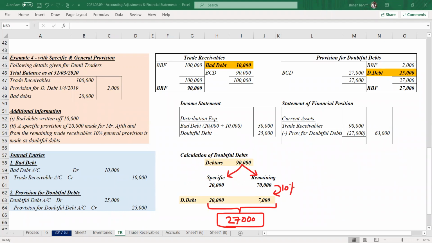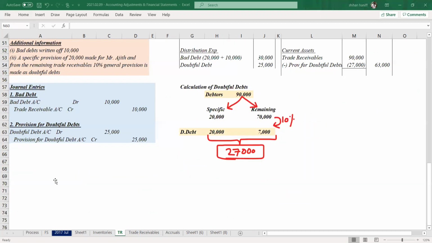Okay. Then there's one more part, right? If a specific provision becomes bad debt, only that part is there here. Right? If a specific provision becomes bad debt, that is the double entry.